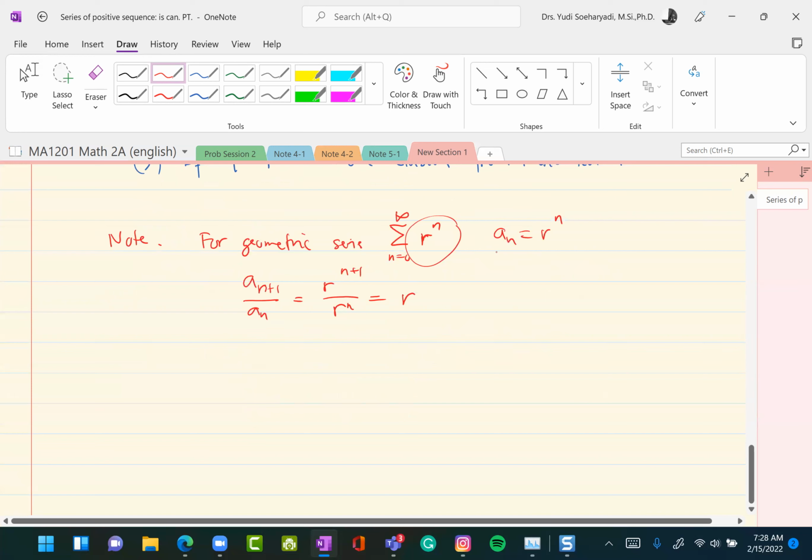And we know for a geometric series, the ratio is a constant.